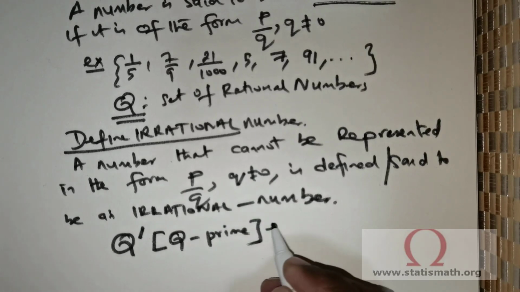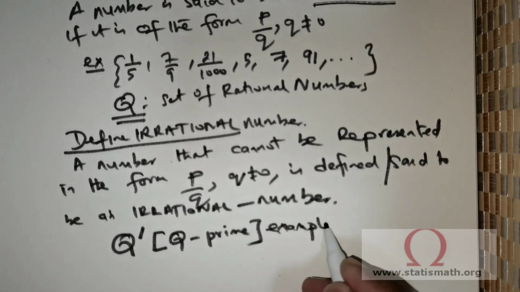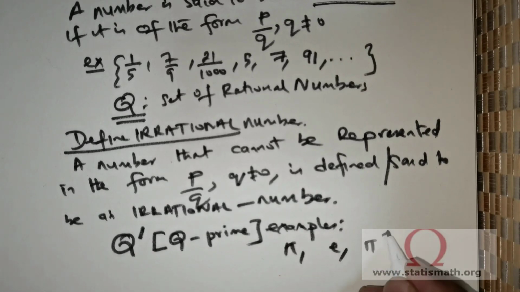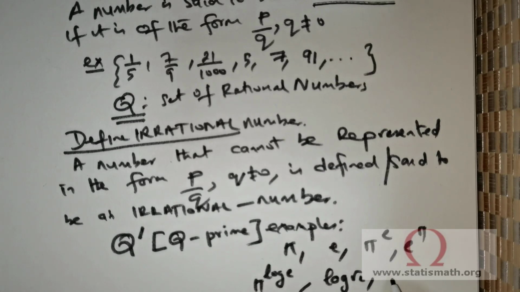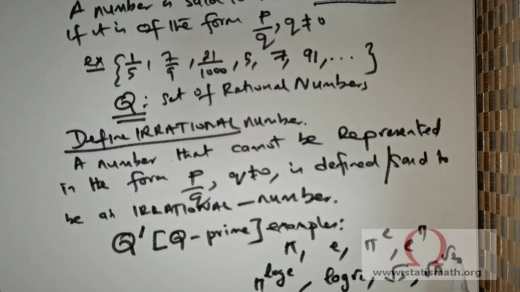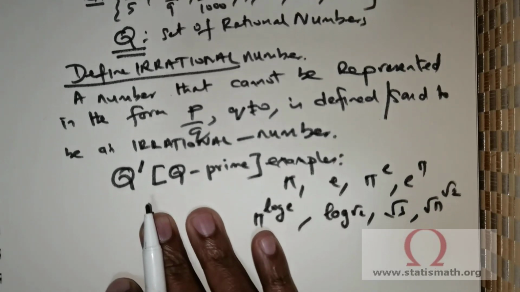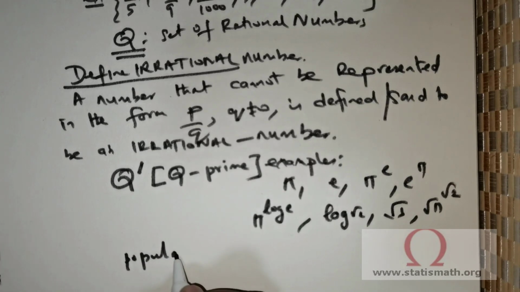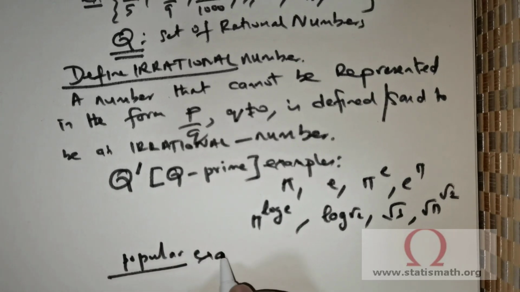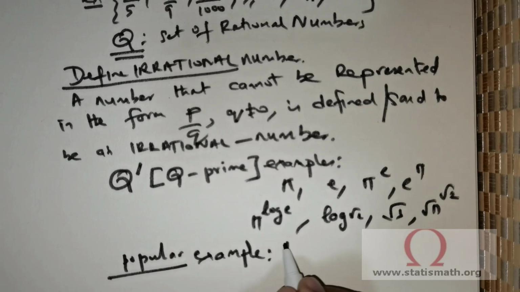Some examples of irrational numbers are pi, e, pi raised to the power e, e raised to the power pi, pi raised to the power log e, log root 2, root 3, root pi raised to the power root 2, and so on. The most popular example of an irrational number is pi.